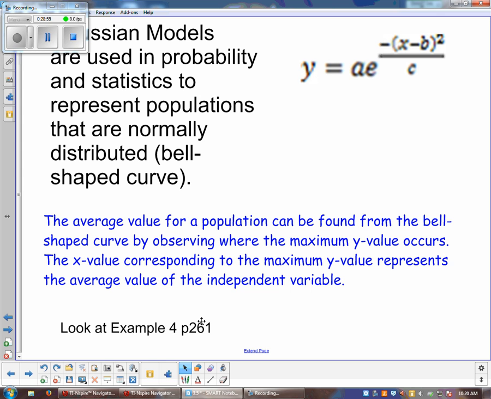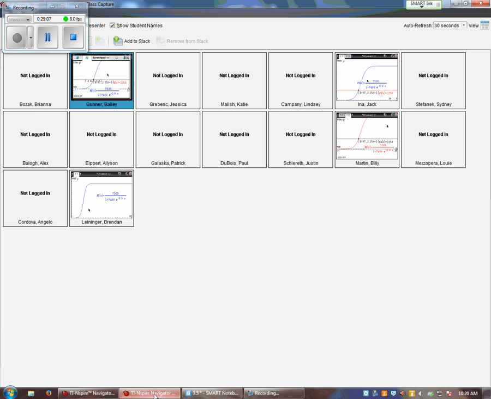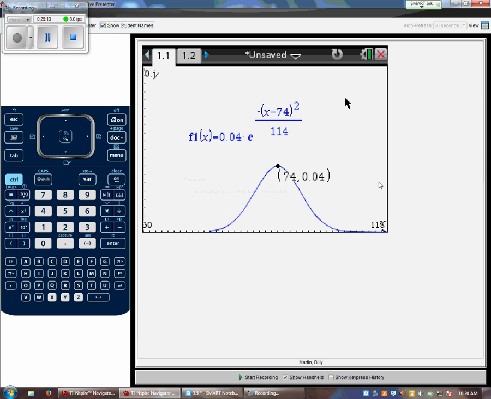All right, Billy, can you call this one up where we did the mean SAT scores or math scores for a particular math exam? So Billy has this somewhere. Let's see. When you graph this, we graphed from 30 to 110, and we had to change this y to like 0 to what? 0.1.